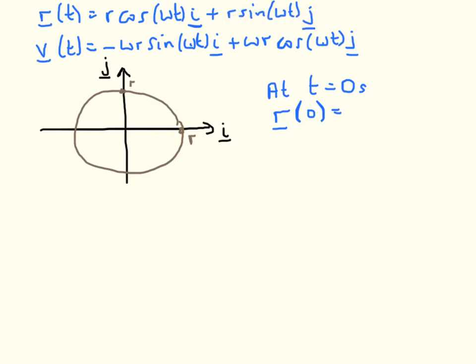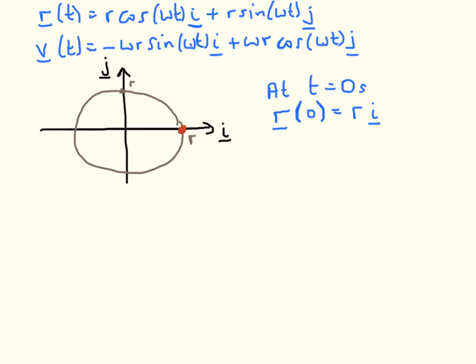So it is r unit vector i. So that means at t is 0, our particle is starting here. So it's starting on the x-axis.